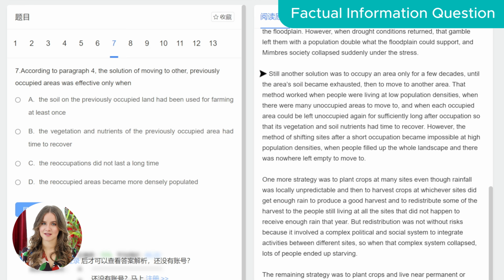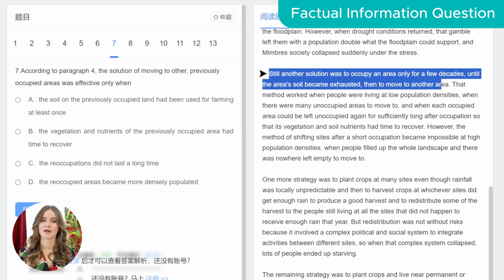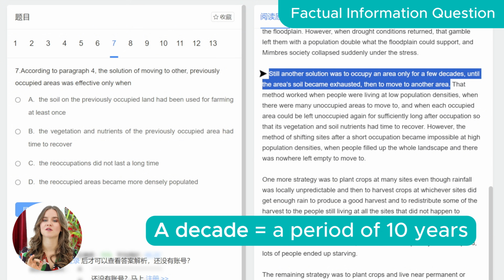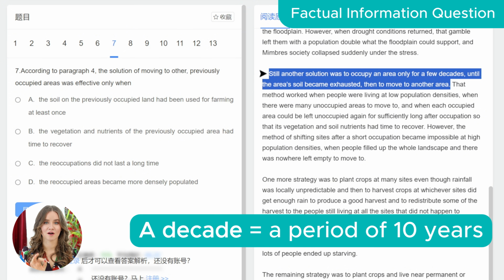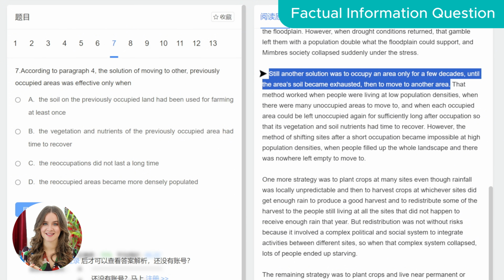I go to the text and see the word solution mentioned right at the very beginning. The text says, still, another solution was to occupy an area only for a few decades. A decade is a period of 10 years, until the area's soil became exhausted, then to move to another area. But when was it effective?